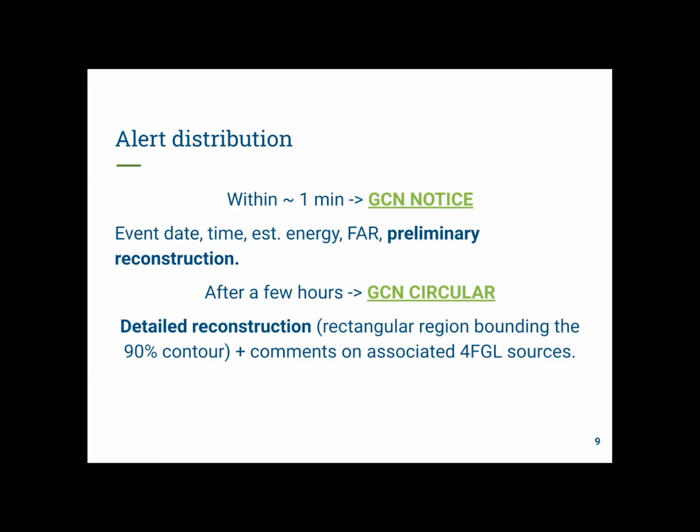After, on average, a few hours, you will also receive, in the form of a GCN circular, a detailed reconstruction carrying a rectangular region bounding the 90% containment contour of the event, plus comments on the specific events, and most notably, we report conventionally the associated 4FGL sources, so the Fermi sources that are inside the contour.